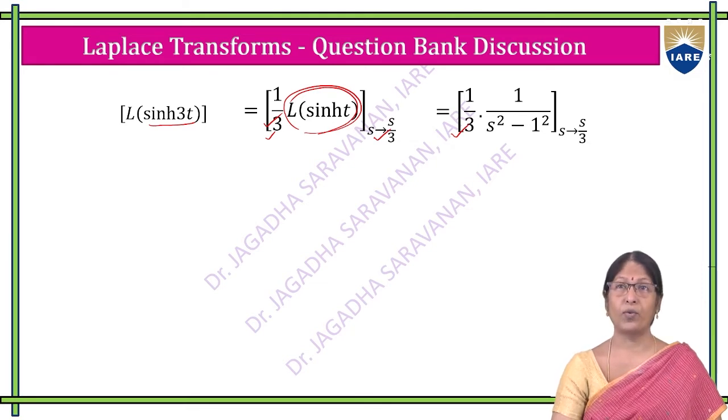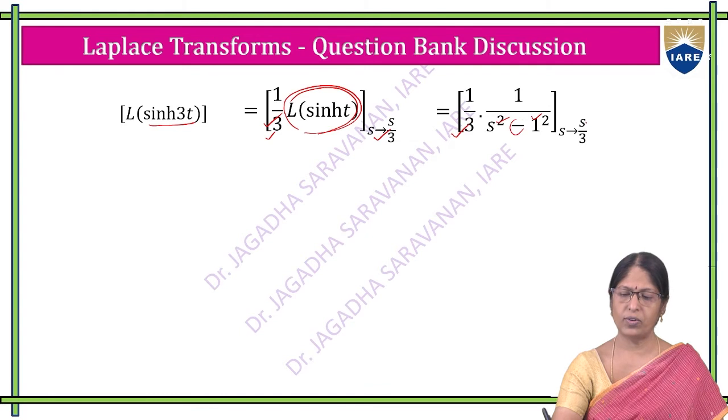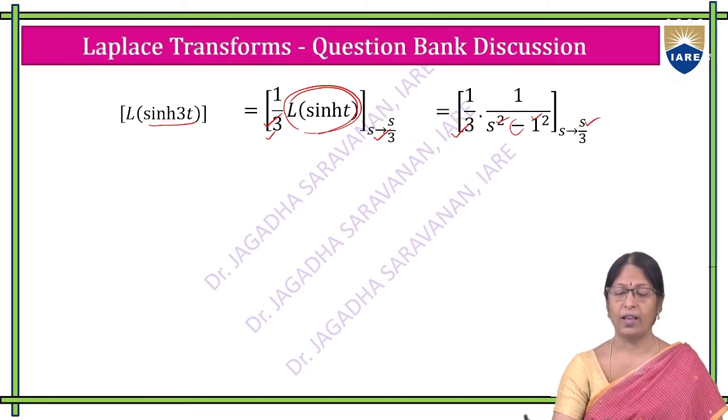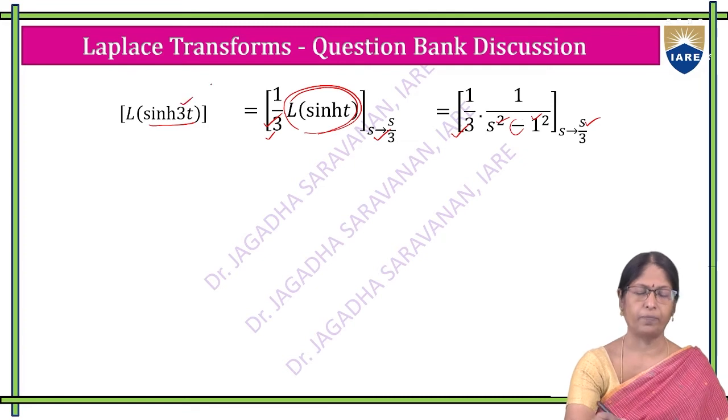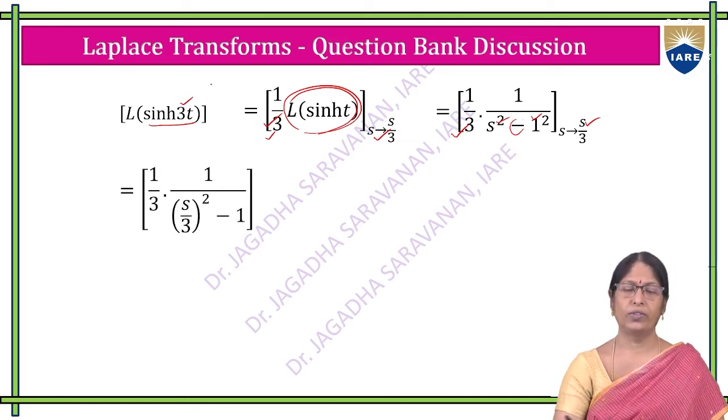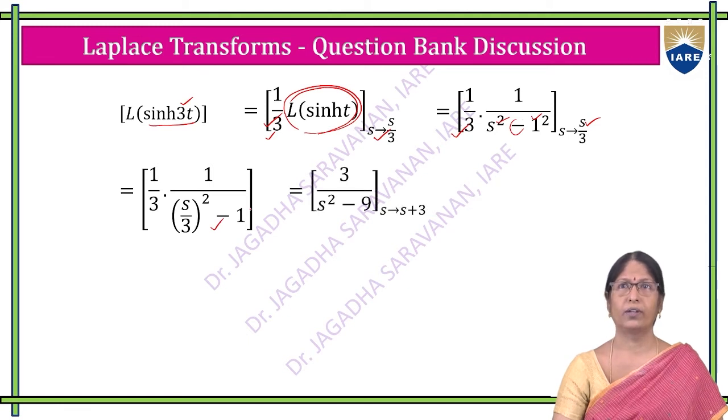Immediately, while recalling the formula, it should strike in our memory that between the terms, a negative sign is compulsory. So in this result, s is replaced by s by a. Our a is 3. So this is the simplification which we are doing.